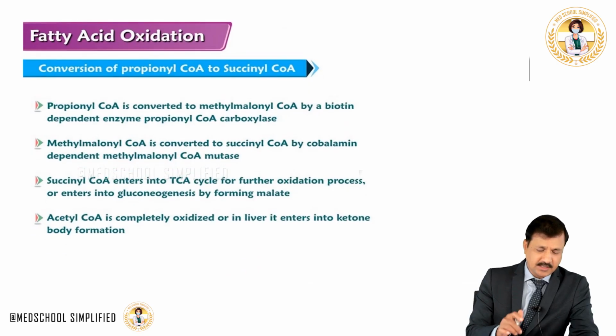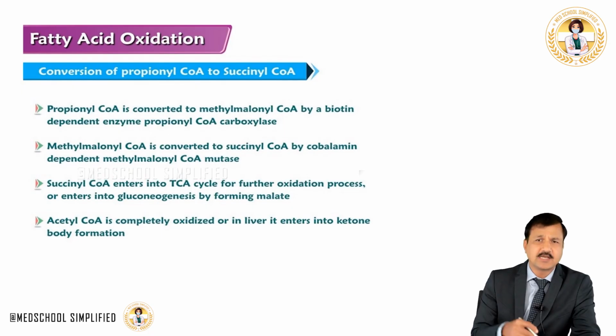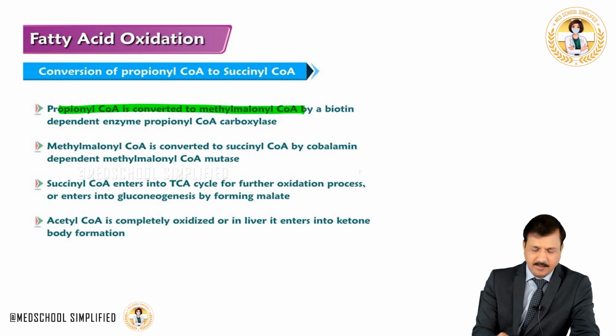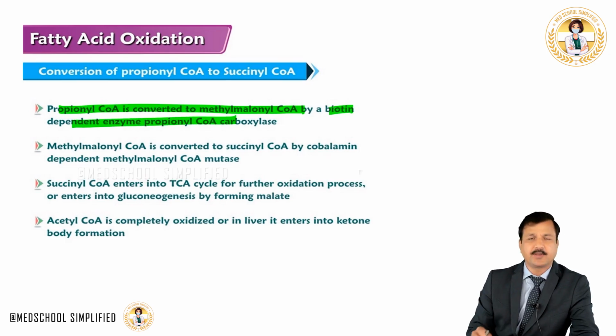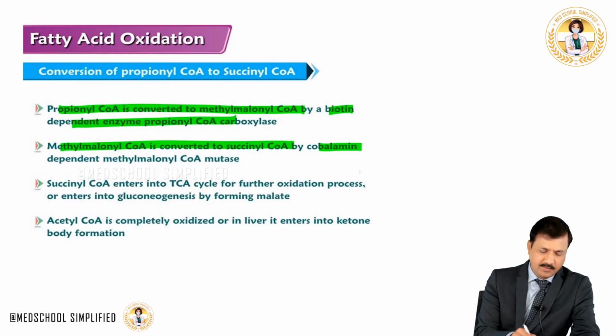The previous reactions that I have explained, I have written here just as a recap or review. Propionyl-CoA is converted into methylmalonyl-CoA by a biotin dependent enzyme, propionyl-CoA carboxylase. Then the methylmalonyl-CoA is converted to succinyl-CoA by a cobalamin dependent enzyme called methylmalonyl-CoA mutase.